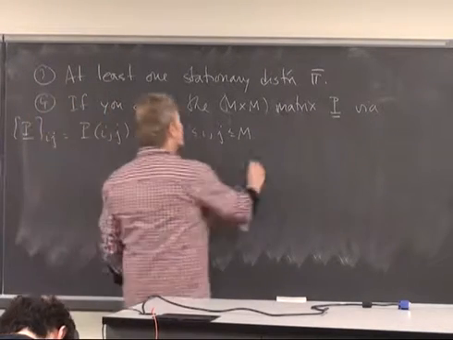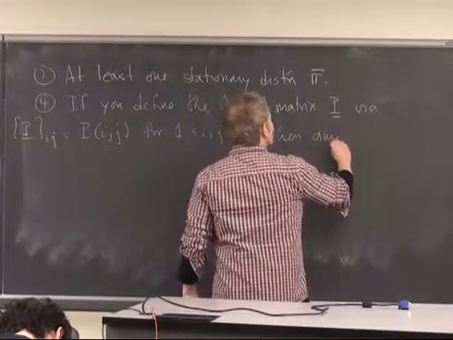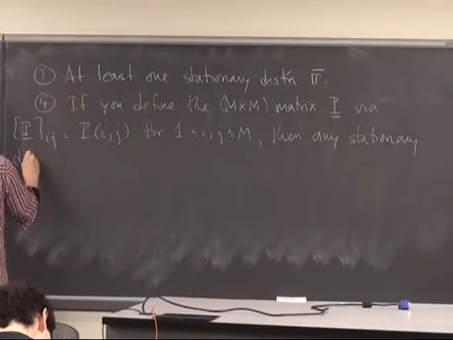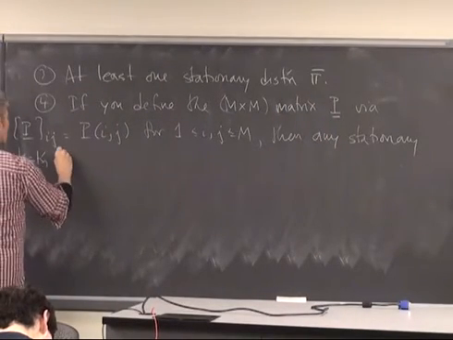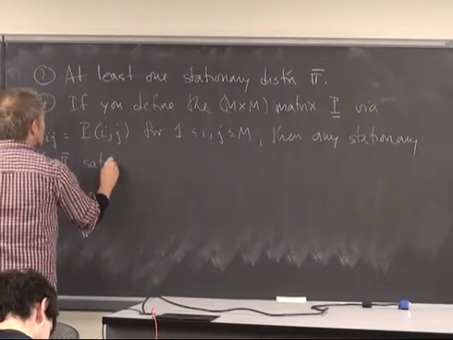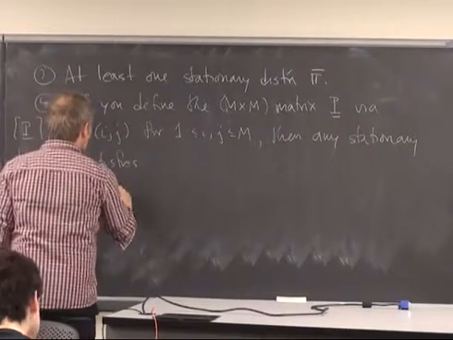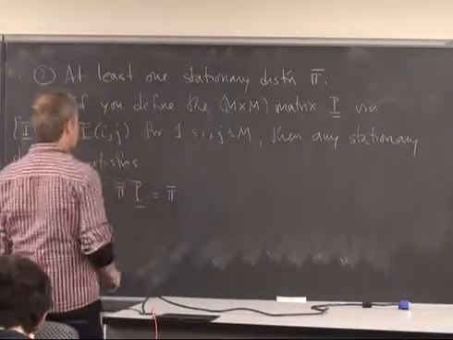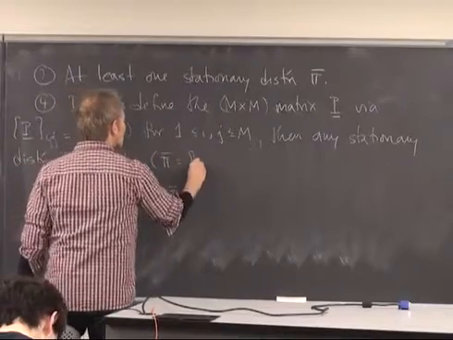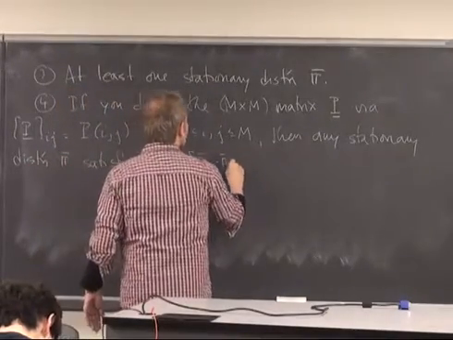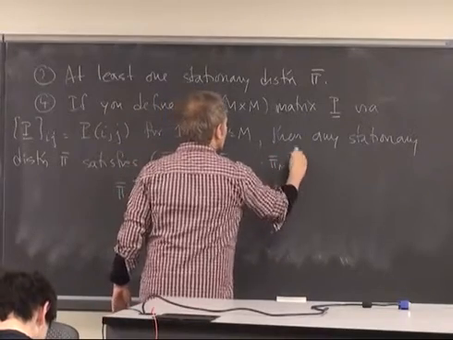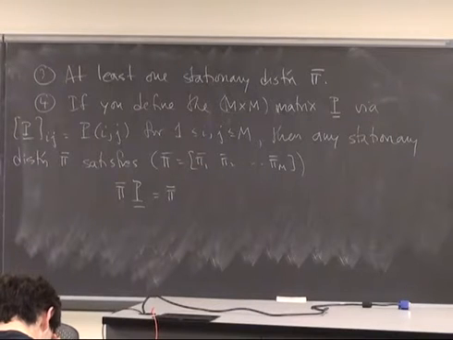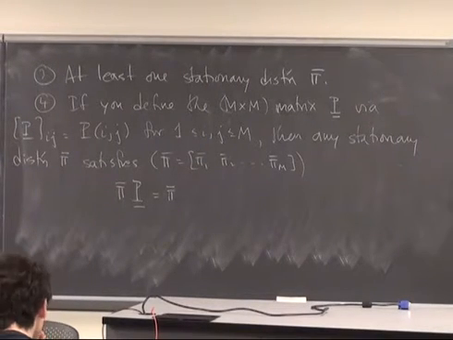Then any stationary distribution pi bar satisfies the following equation. Pi bar matrix P equals pi bar. And you're thinking of pi bar here as a row vector, pi bar sub 1, pi bar sub 2, up through pi bar sub cap m. And that's just the defining condition for a stationary distribution.